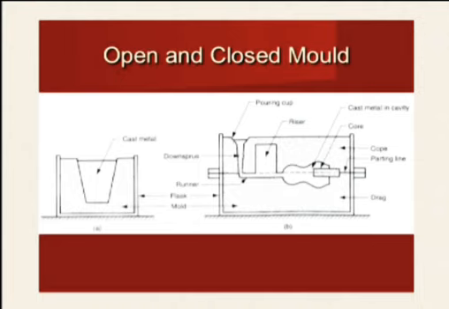The open mold contains a flask, mold and cavity that has to be filled with molten metal. It is very simple and easy to make. The other diagram is a closed mold, which consists of a cope in the top portion and a drag in the bottom portion, separated by a parting line. The cope consists of the pouring cup, down sprue, runner, riser, and there is a metal cavity.